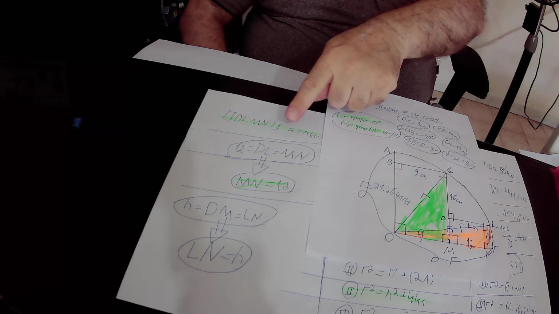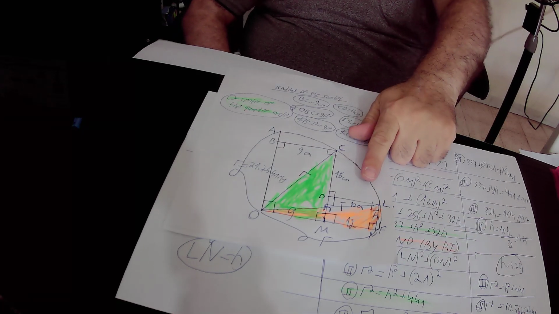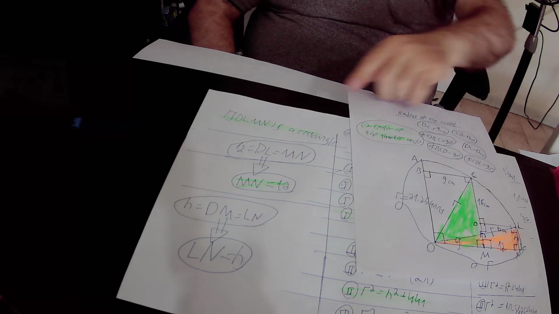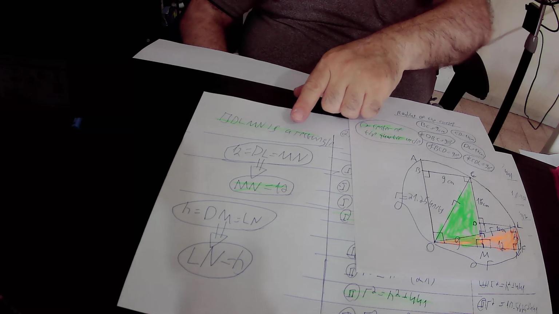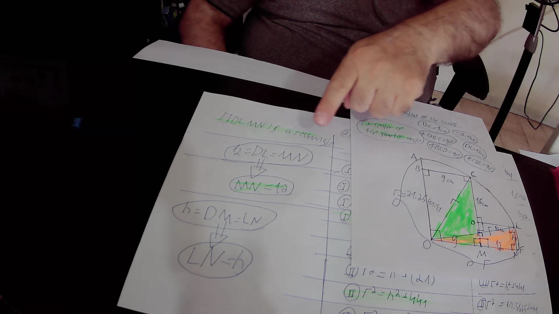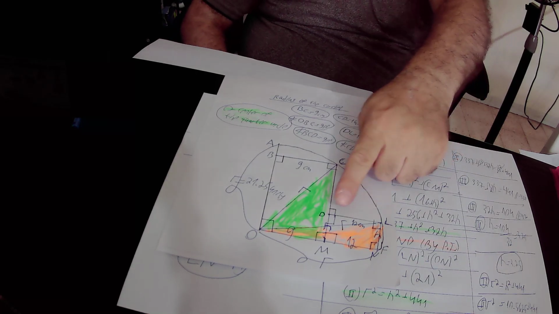But according to what is given, DN equals 12 units. So we can write that DN equals 12, and from this, 12 equals DN equals MN. We derive that MN is also equal to 12 units.